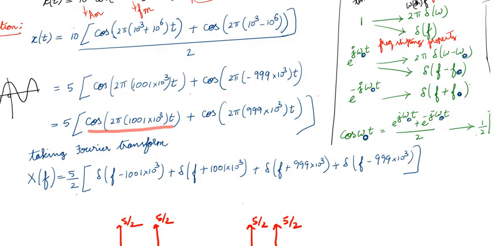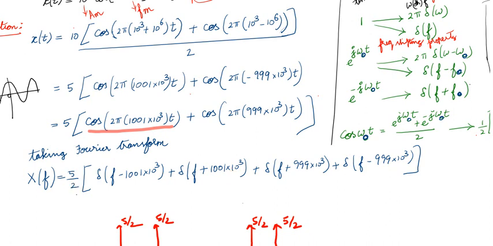For the first term, it is delta of f minus f naught. What is f naught in this case? It is 1001 into 10 to the power 3, plus delta of f plus f naught, divided by 2. The 2 is here, right?